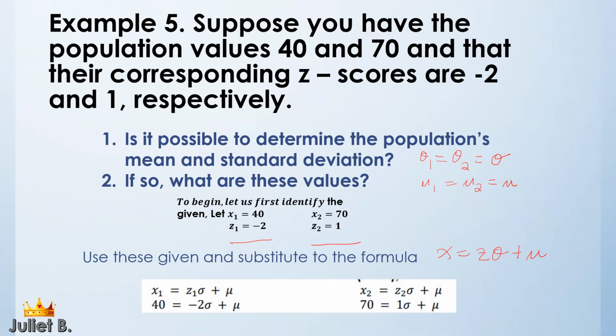We have x sub 1 is equal to z sub 1 times standard deviation plus mean. X sub 1 is equal to 40 equals negative 2 times standard deviation plus mean. Our second equation will be x sub 2 is equal to z sub 2 times standard deviation plus mean, and this will be 70 is equal to 1 times standard deviation plus mean.